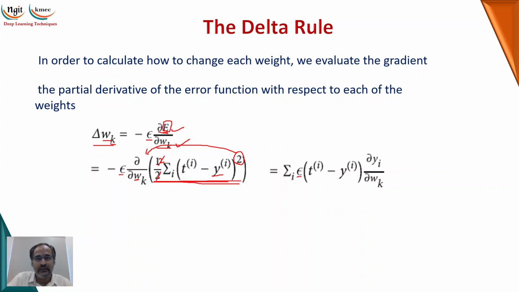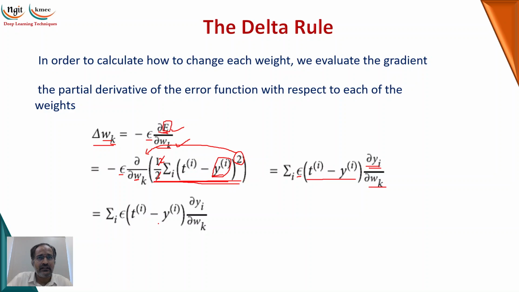Epsilon is also there, epsilon and (ti − yi), and since the w term is involved in y, we have to give ∂yi/∂wk, and everything else comes out of the derivative.